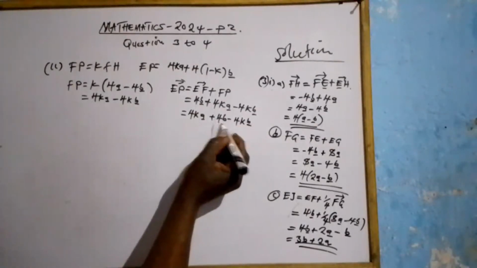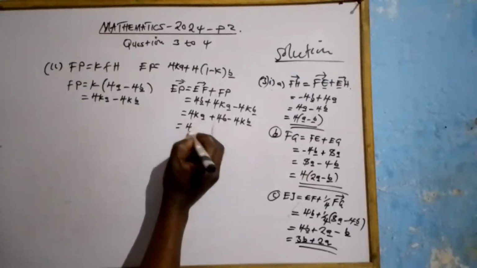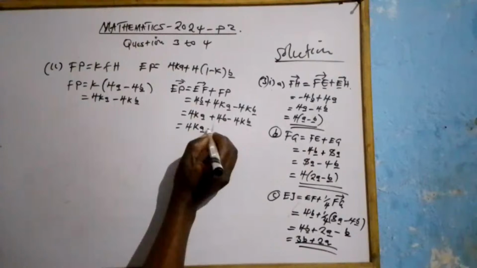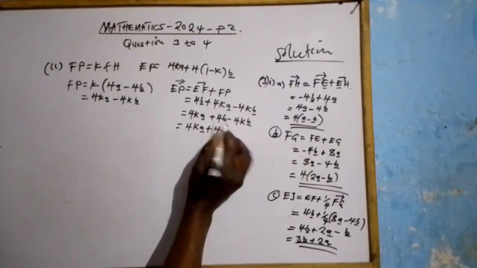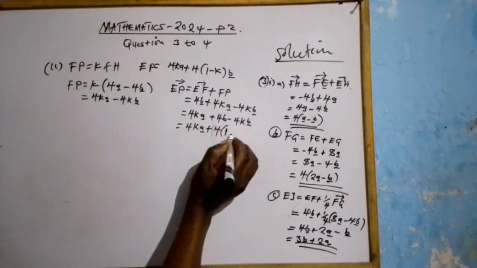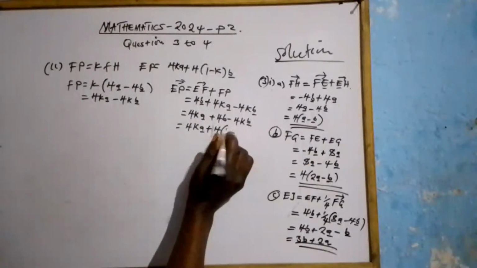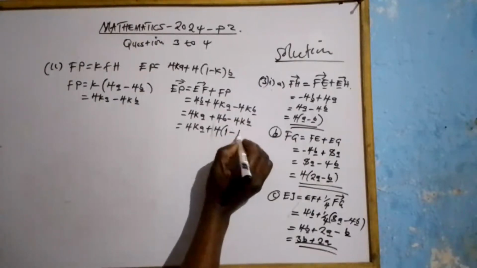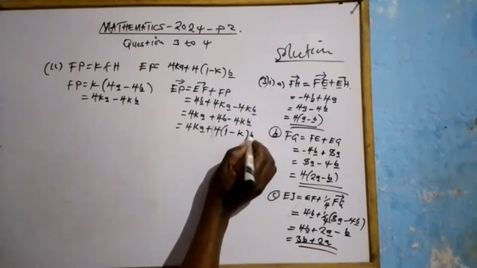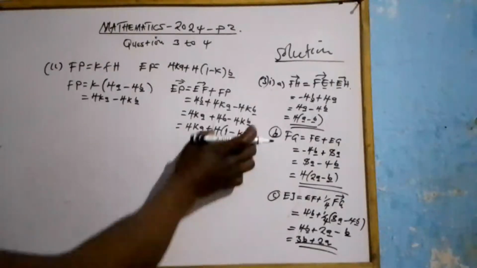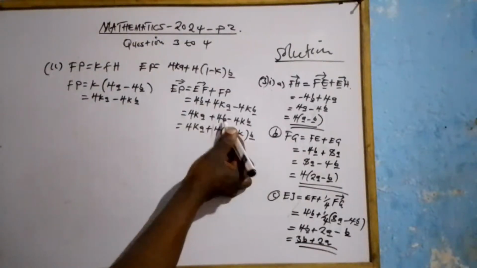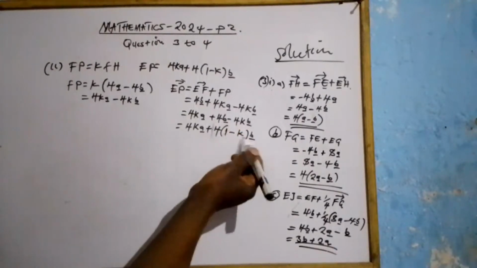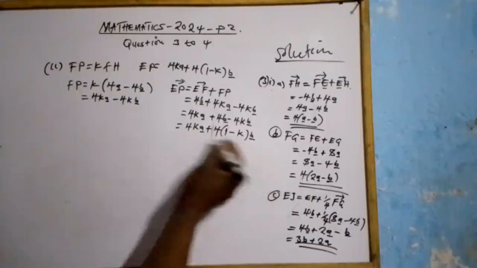You only factorize this part, 4KA and plus 4 outside. 4B is common here. 4B times 1 gives 4B, then 4B times K gives 4KB.